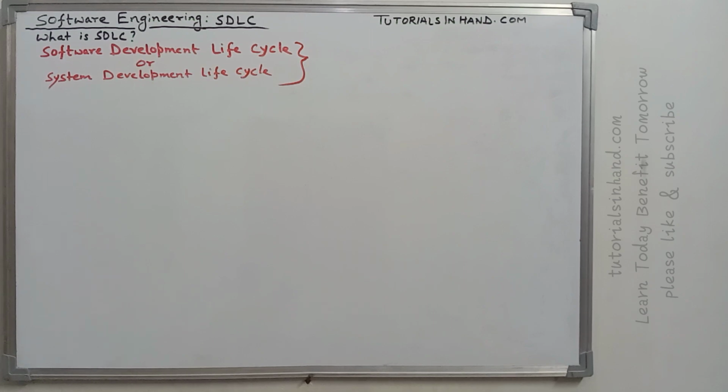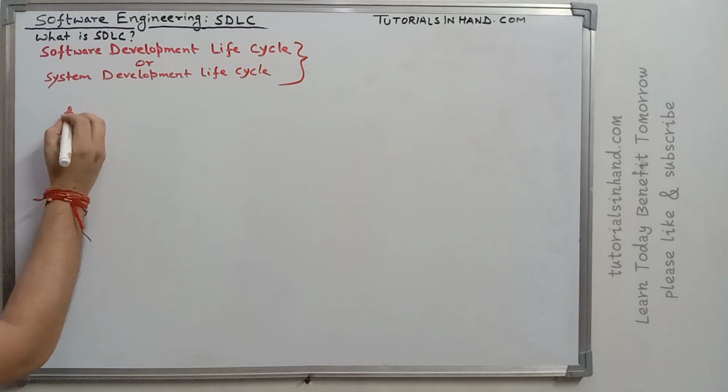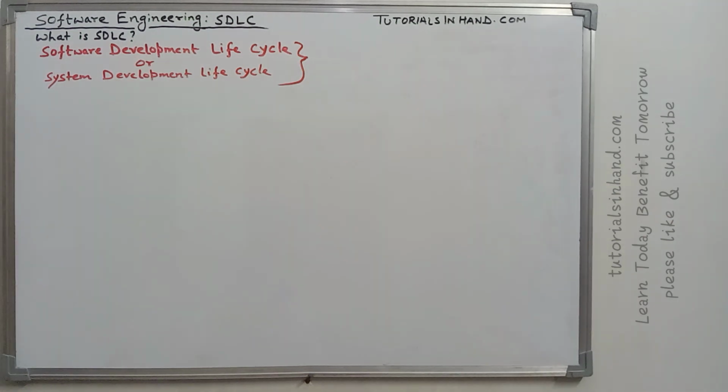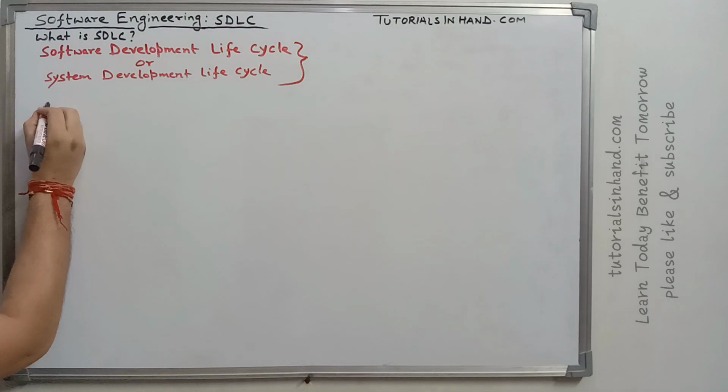Both are the same. Now, be it a software product or a human or any other product, every product goes through a series of identifiable stages to complete its life cycle. For example, for human beings, we have different life stages.